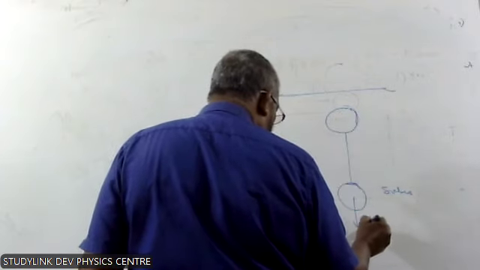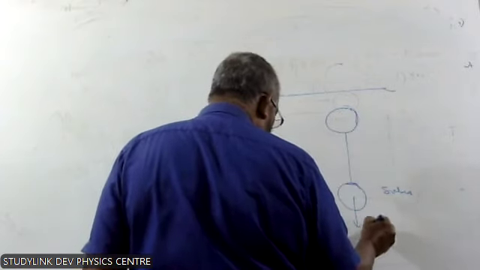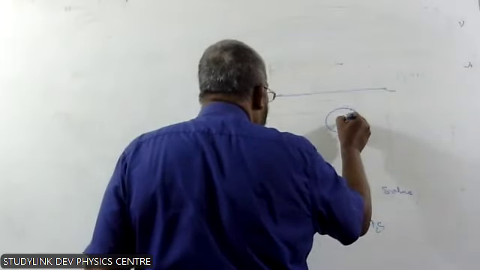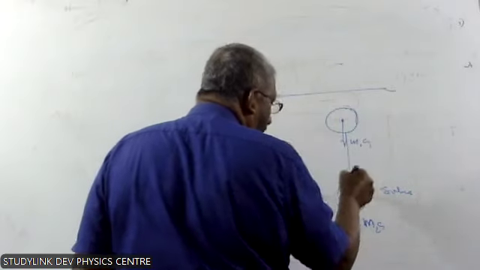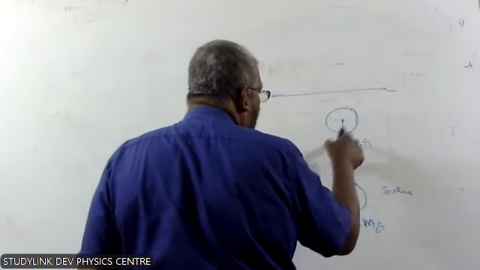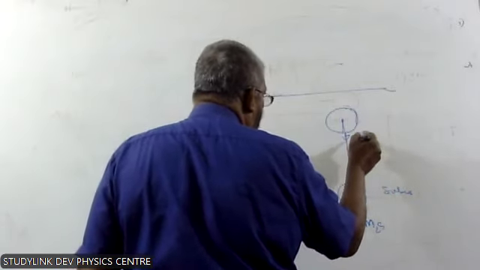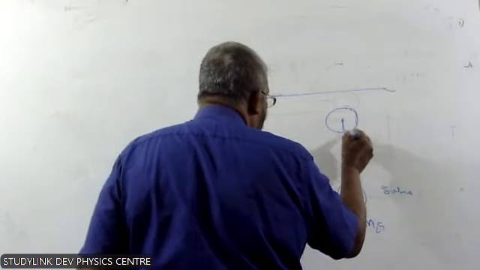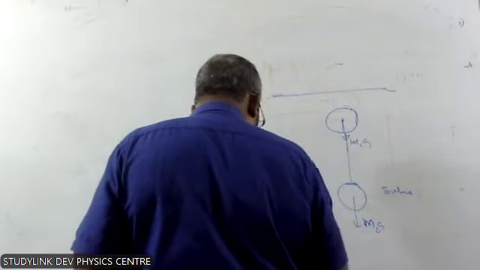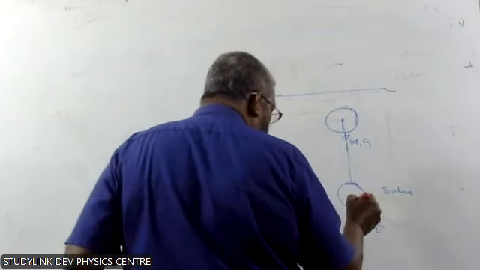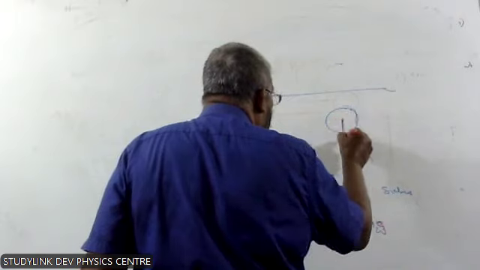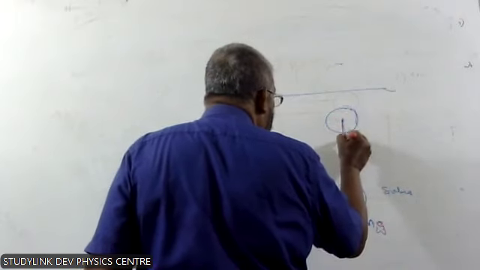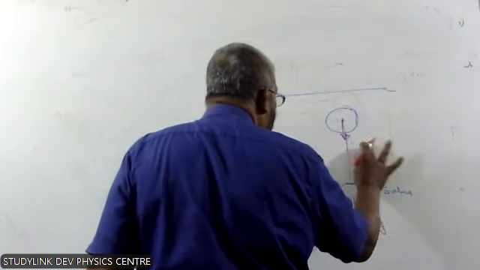So we'll mark M2G, M1G. Actually, all are in one line, but I did not draw along the same line. Then this is M1G, I should draw it in a different color, otherwise you can't understand it properly. This is M2G, this is M1G.